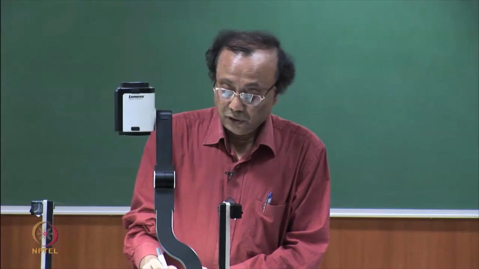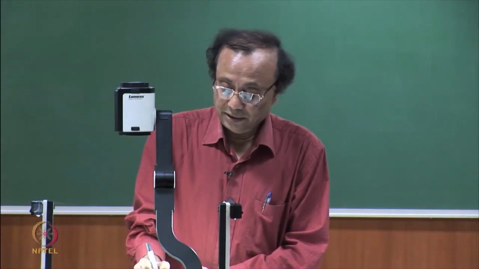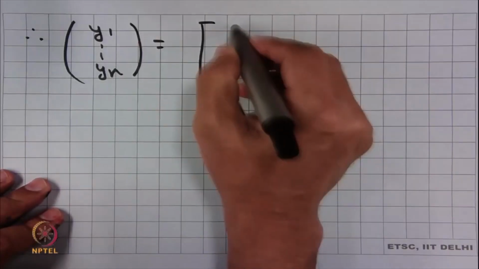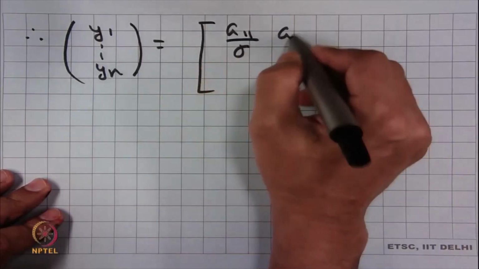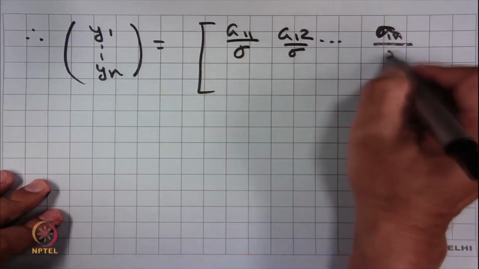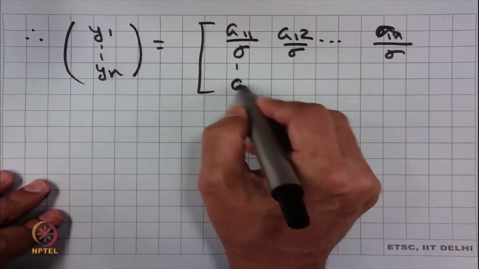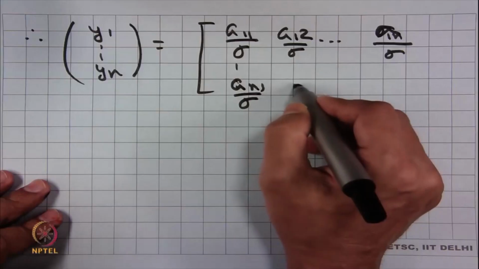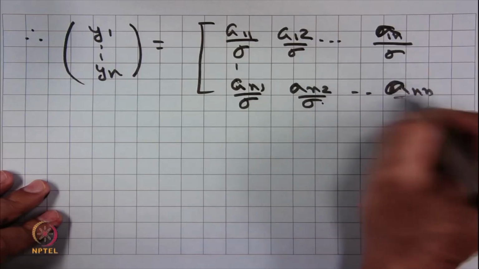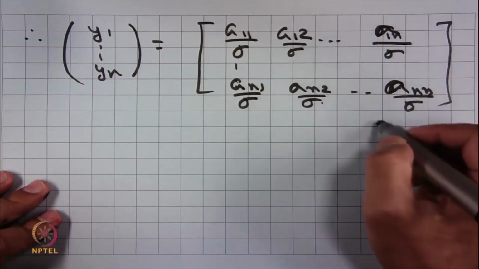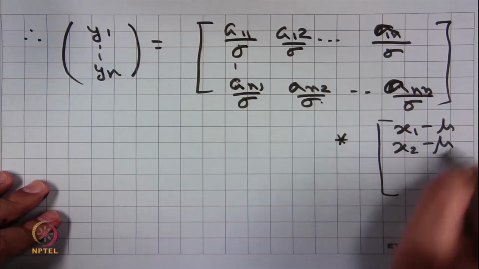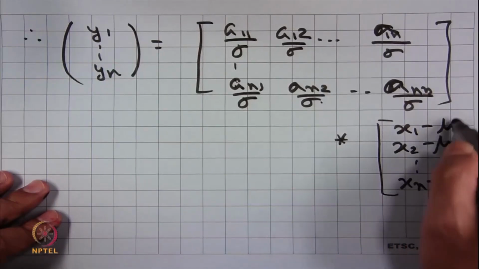Therefore, y1, y2, yn I can write as the matrix with entries A11 upon sigma, A12 upon sigma, A1n upon sigma, up to An1 upon sigma, An2 upon sigma, Ann upon sigma, multiplied by x1 minus mu, x2 minus mu up to xn minus mu.